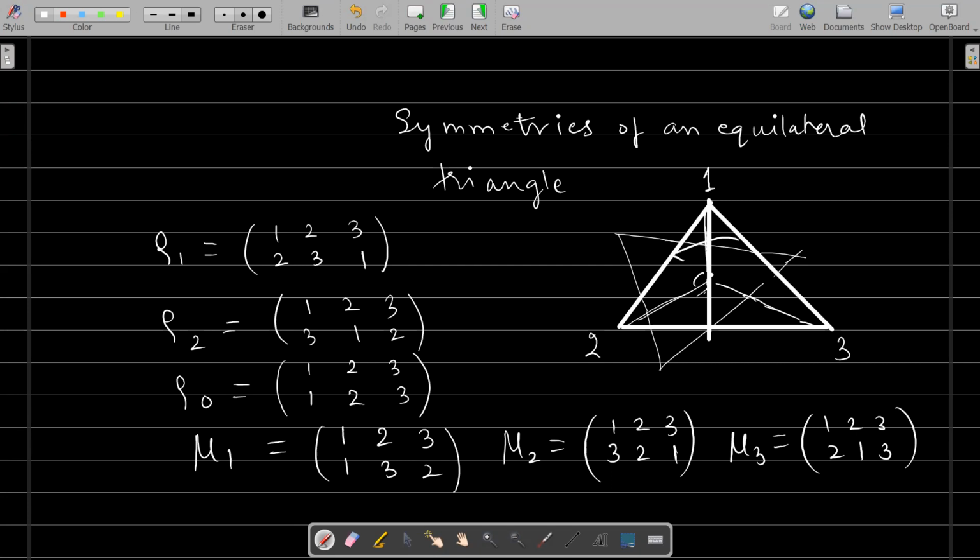And if I compose any 2 of these symmetries, that will again give me an answer from itself. So for example, if I rotate by 120 and then take the mirror image along vertex 1, original position, that will again give me one of these functions. So it's closed under the composition of these functions, and we can form a table.